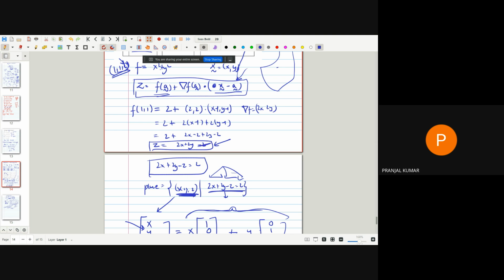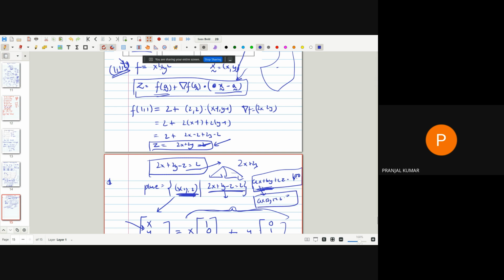So when we have found the tangent plane equation, you can just take 2x plus 2y. Whenever a plane is given, suppose ax plus by plus cz is equal to k, say 100, the corresponding subspace to this plane would be ax plus by plus cz is equal to 0.